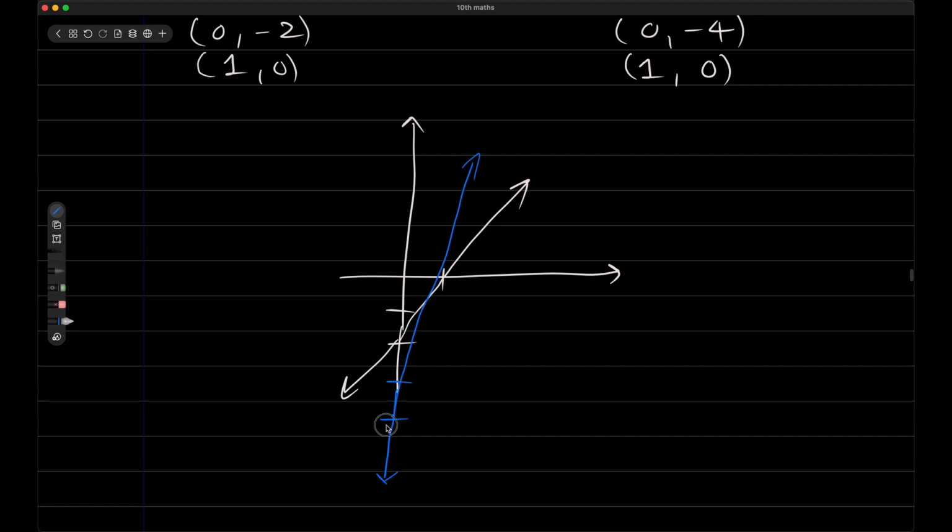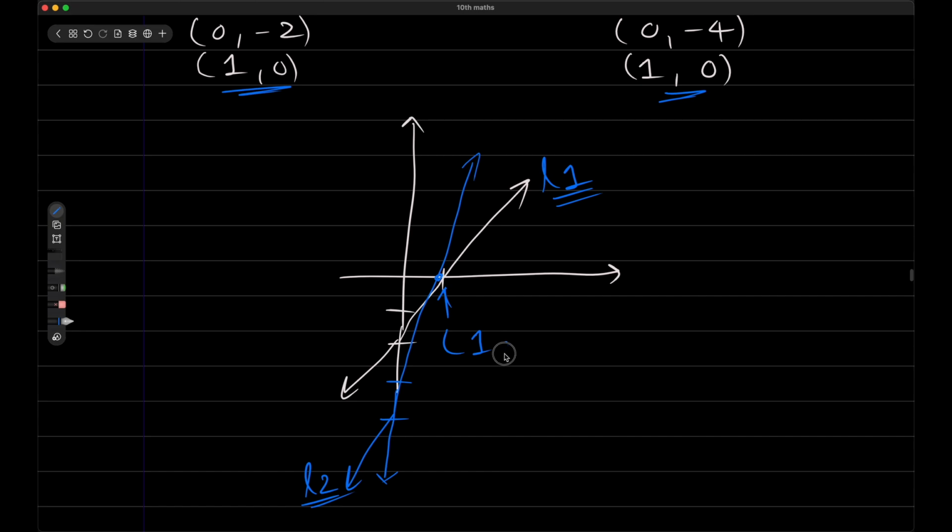This is the second line, L2. This is line L1, and both the lines intersect at 1, 0, that is this point.